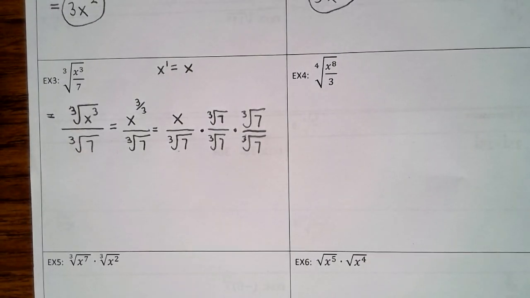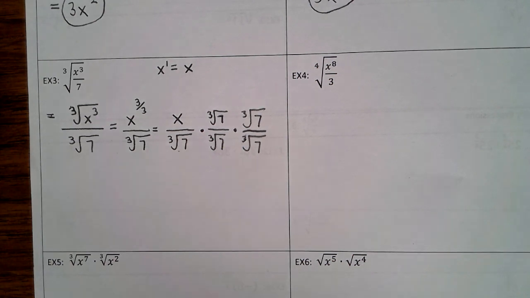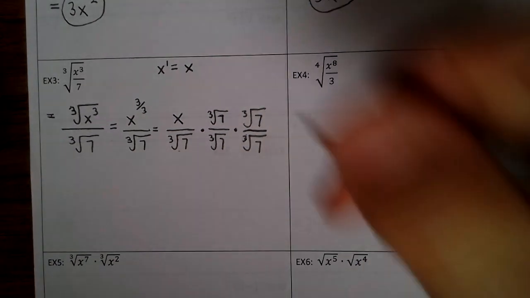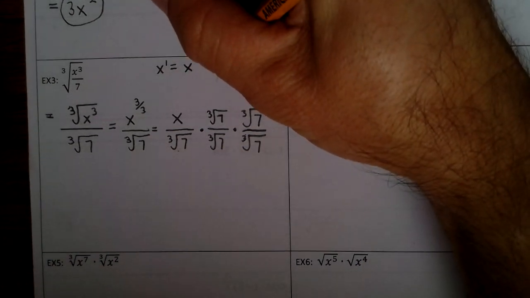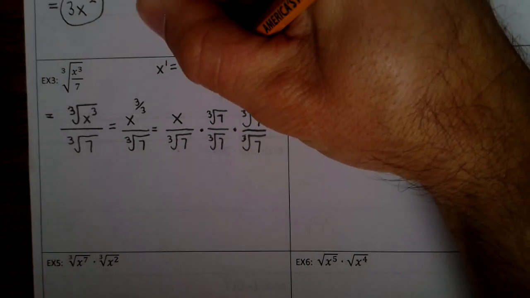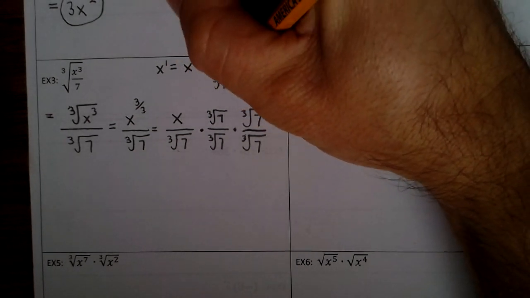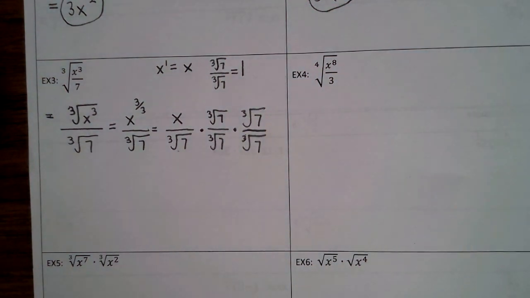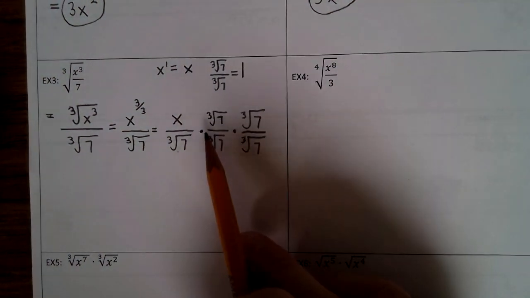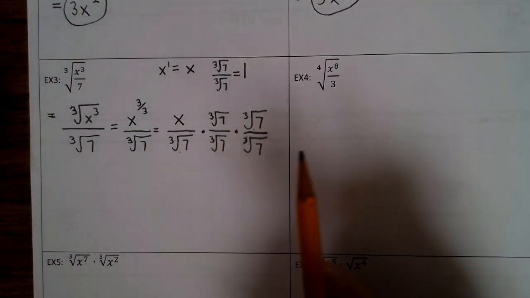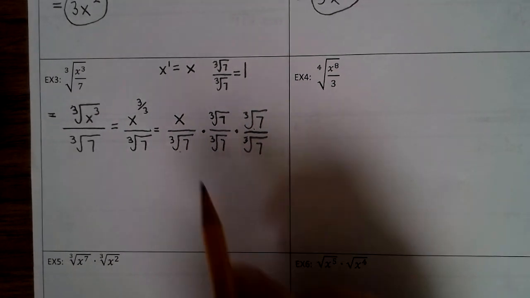Now, understand that the cube root of 7 divided by the cube root of 7 is equivalent to 1, because anything divided by itself is 1. So in essence, we're just multiplying this by 1 times 1. So we're not changing it, we're manipulating it so the radical is not in the denominator.